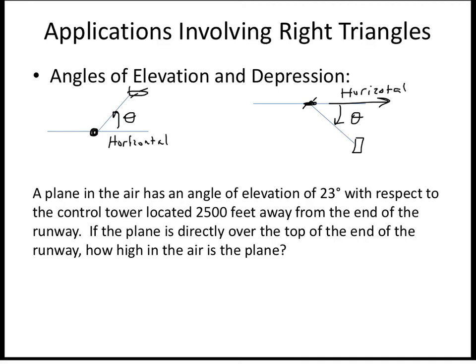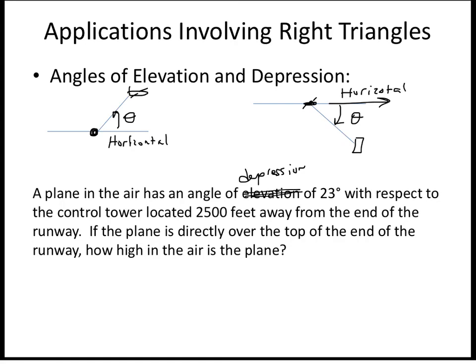So this problem here: an airplane in the air has an angle of elevation of 23 degrees with respect to the control tower. I should have said depression on that. Okay, has an angle of depression of 23 degrees with respect to the control tower, located 2,500 feet away from the end of the runway.